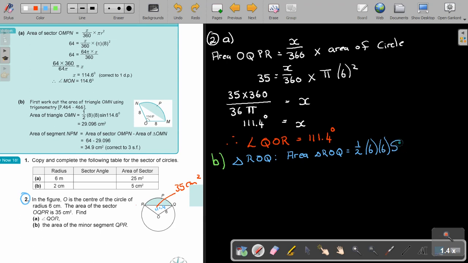That's why I say sin, because you use sin here, not cos. Sin of that 111.4.